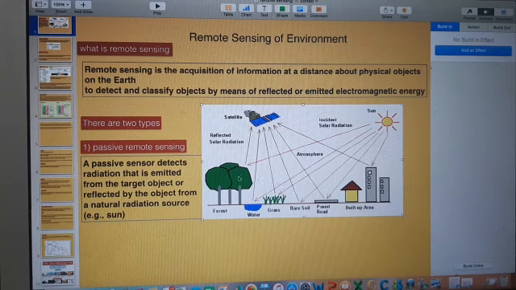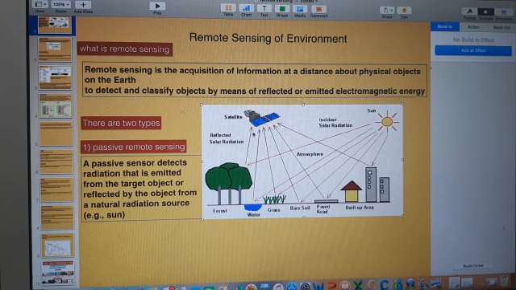Now, the different objects that are on the surface of the earth, like forest, water, grass, bare soil, paved roads, they either reflect, as we see here, or they emit radiations which are basically received by sensors at a satellite.